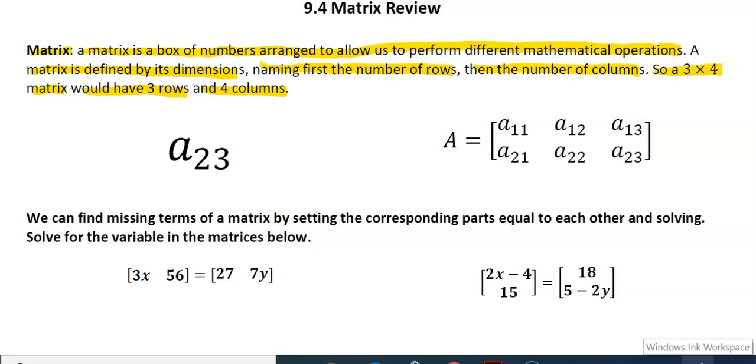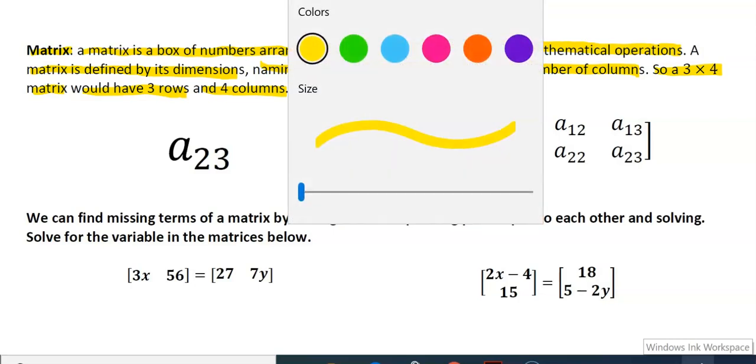So if we look at this, typically we'd name matrices with an uppercase letter. So this is matrix A. And this matrix A is a 2 by 3 matrix. Let's go over that.